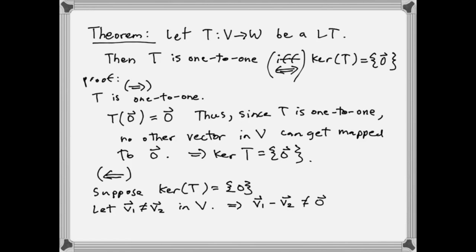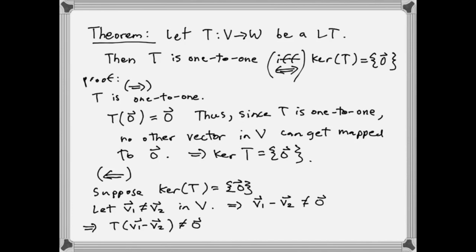What does this mean? Well, if we apply T to V1 minus V2, then what does that mean? Well, since it's not 0 and the kernel is 0, this must mean that this is not 0. So let me make sure you guys understand this fact. Because the kernel is the 0 vector, this means that only the 0 vector gets mapped to 0.